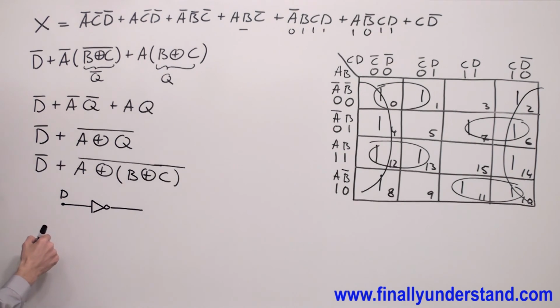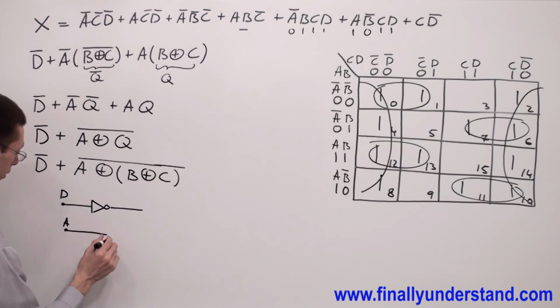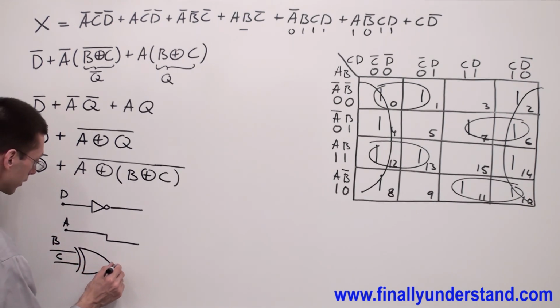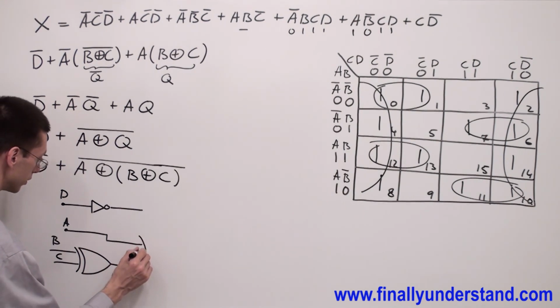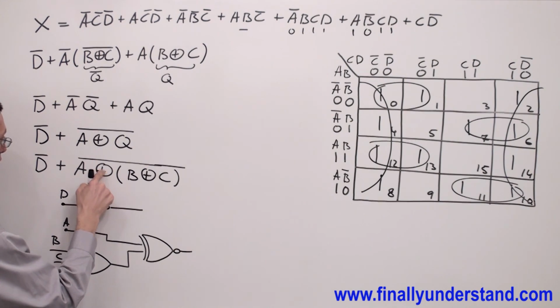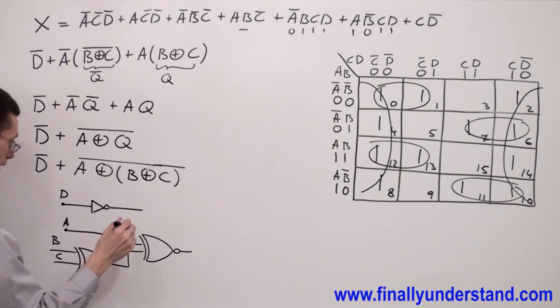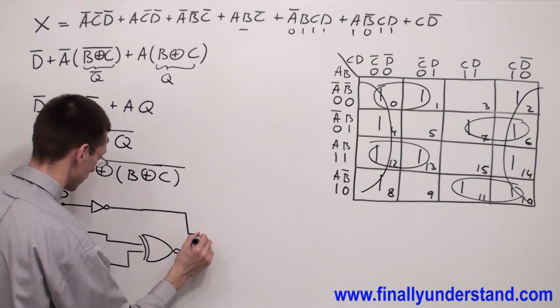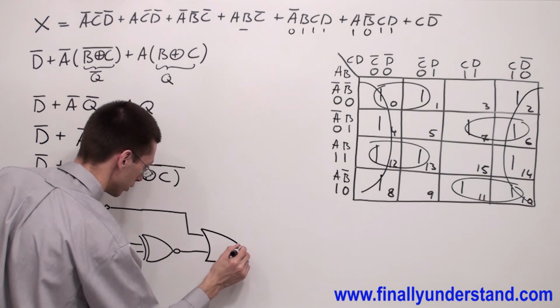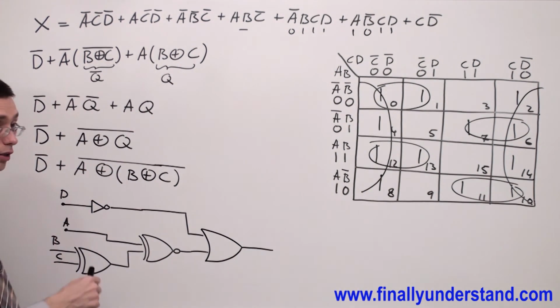This is my D. And I have A. And I have exclusive OR with inputs B, C, and I have exclusive NOR gate because A is exclusively NORed with exclusive OR, and everything has to be ORed together. These are the solutions to my problem.